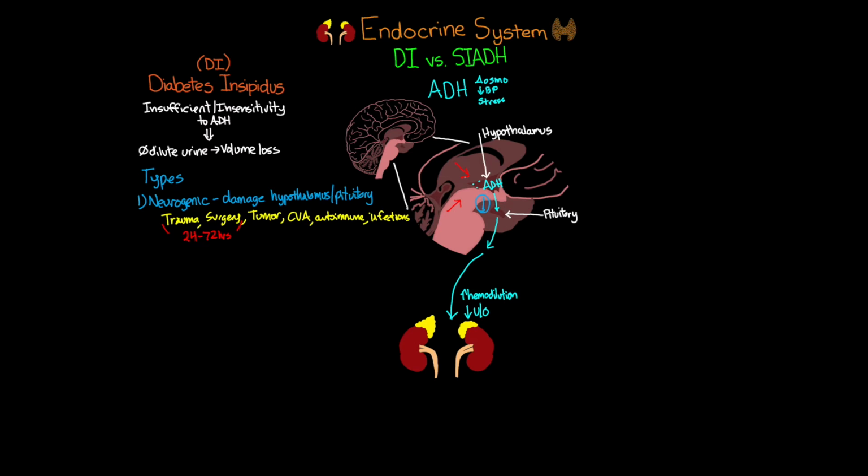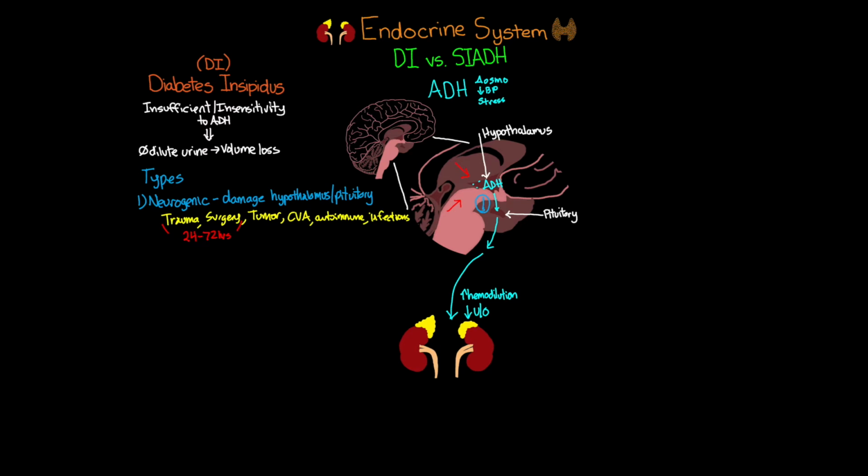Now, the posterior pituitary normally has stores of ADH, and so as time goes on, it's going to continue to release ADH from the stores that it has, but those stores are not going to be replenished because the hypothalamus is no longer creating that ADH. And so this is why we see it take some time for this DI to present itself. And really depending on the location of the damage that we have, this could lead to a permanent DI, but most cases are transient and resolve once we have resolution of this edema.